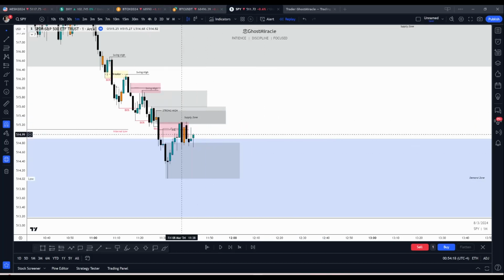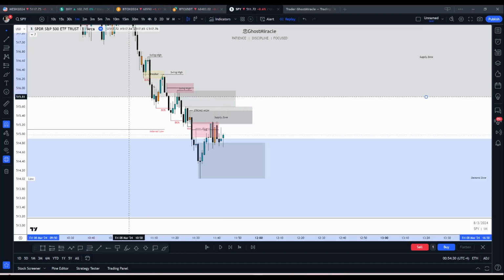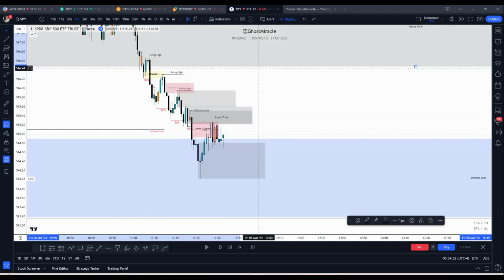Shoot. All right. So entry four. But at this point it was basically mitigation and continuation. So same thing with here.